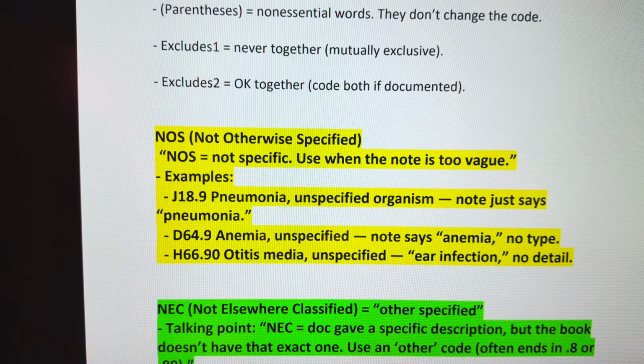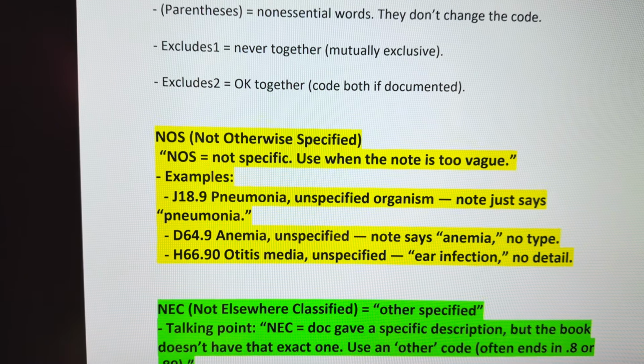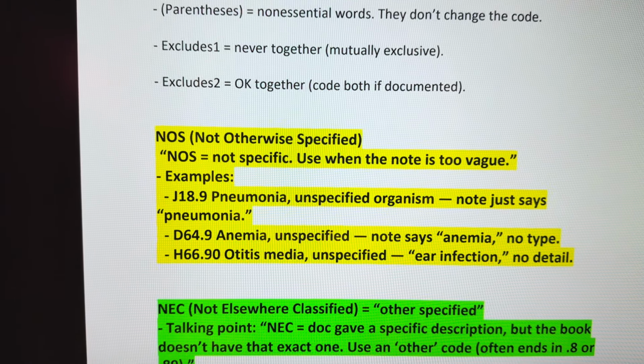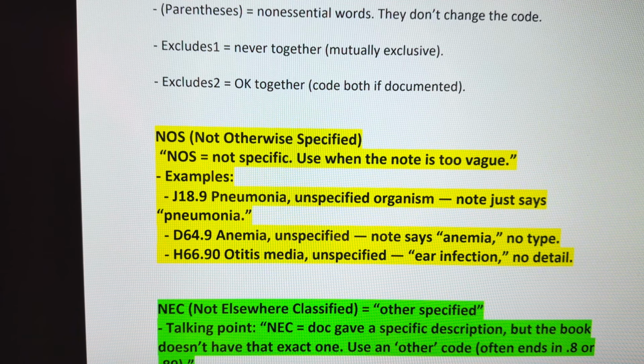Excludes two. It's okay to code these two codes together, so we can code both if documented. Okay, and remember, you will find your conventions in the tabular. All right. Sometimes they are in the alphabetic index. I'm thinking about the non-essential modifiers, and we'll look at an example of that as we go with this video.